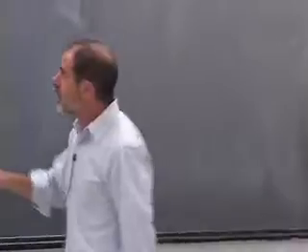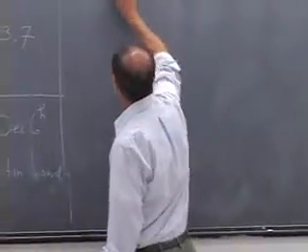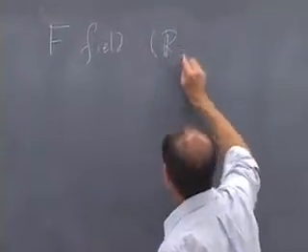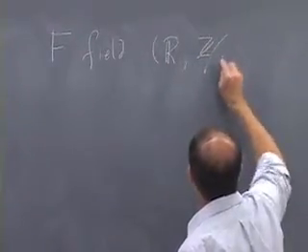OK, so last time we defined what a field was. And we had various examples, like the real numbers and the finite field, the integers mod p.